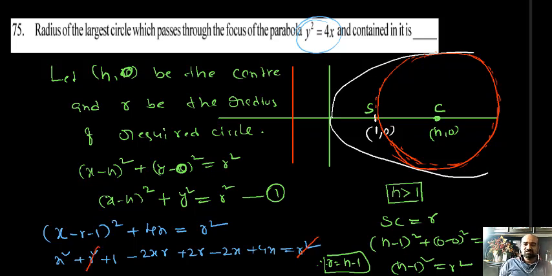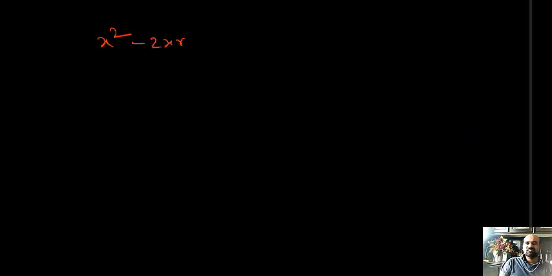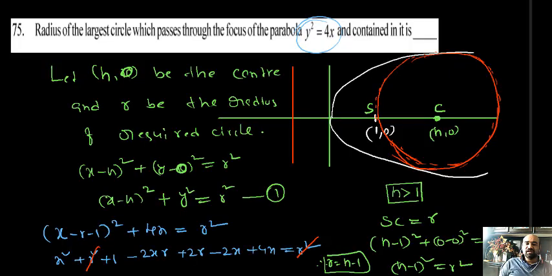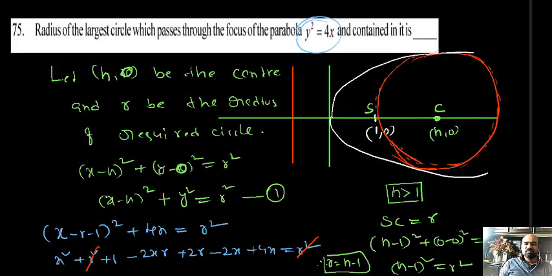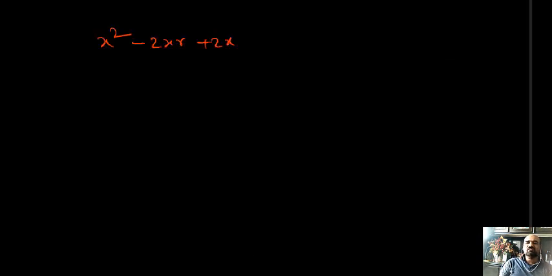Here r square gets cancelled. What is left is x square minus 2xr, plus 4x minus 2x plus 2x, then 1 plus 2r equal to 0.